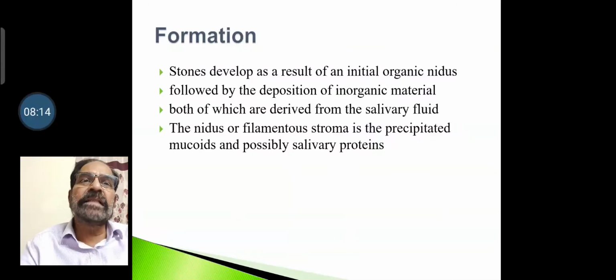Stones develop as a result of an initial organic nidus, followed by the deposition of inorganic material, both of which are derived from the salivary fluid. The nidus or the filamentous stroma is a precipitated mucoid or salivary proteins.